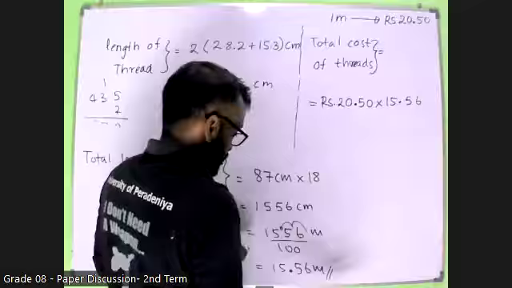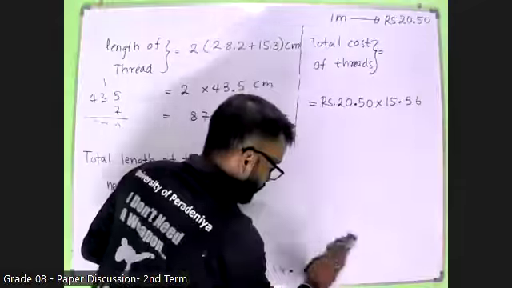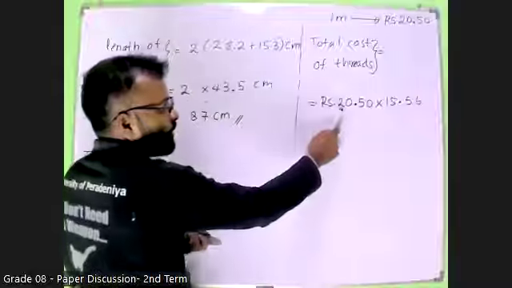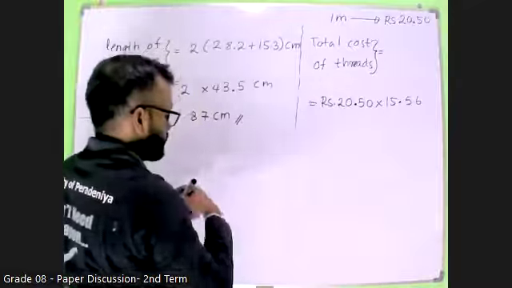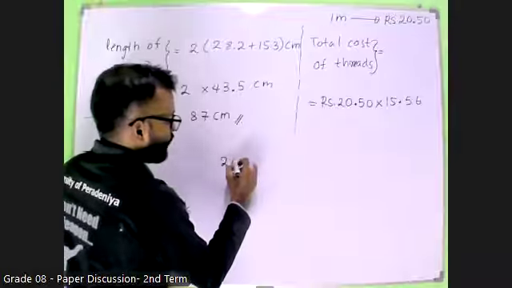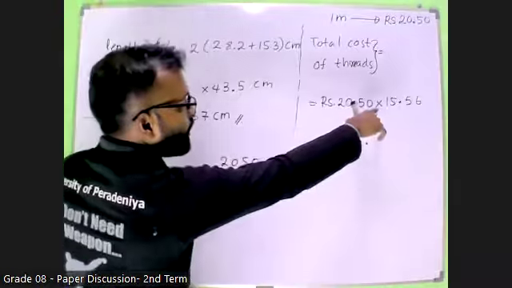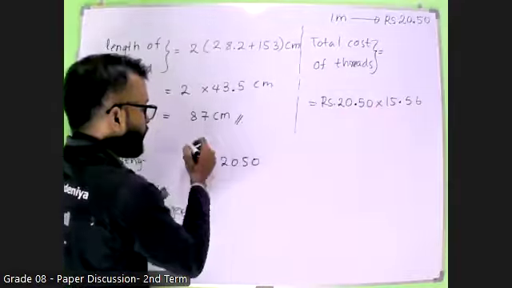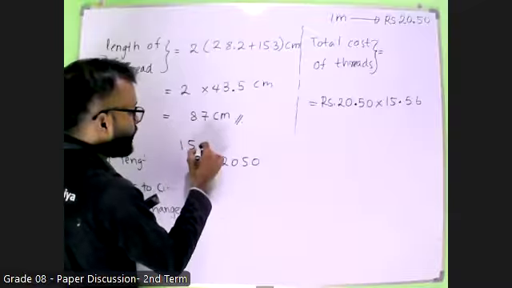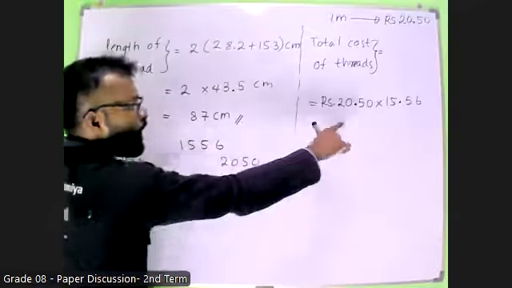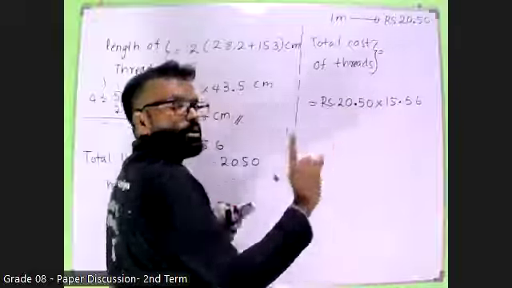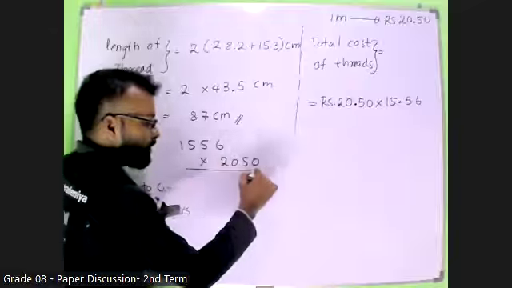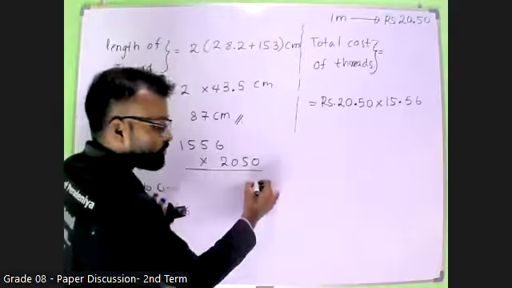Here we have 20 rupees and 50 cents, and there we have 15.56 meters. So forget the decimal places, write down like this and take the multiplication.